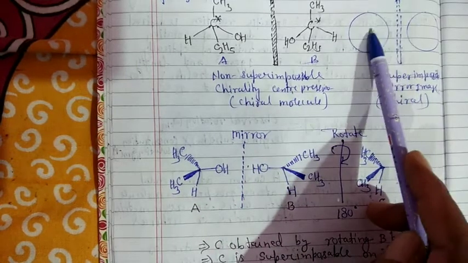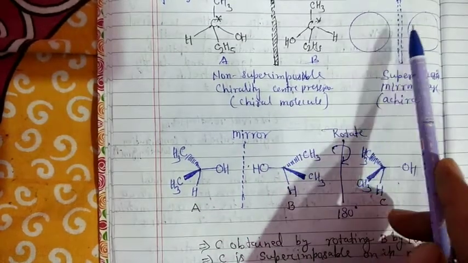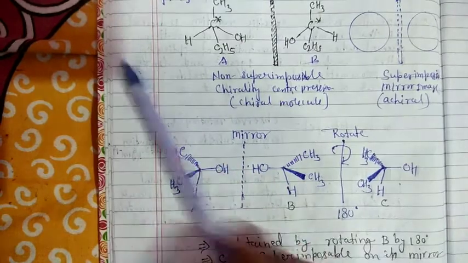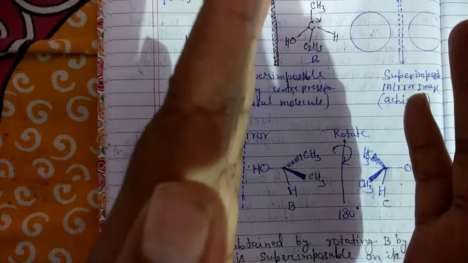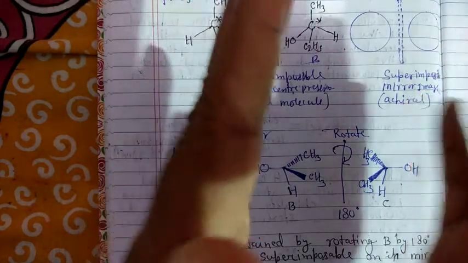And this is superimposable if we put one on the other. For example, this is the mirror image of our hands, fingers.